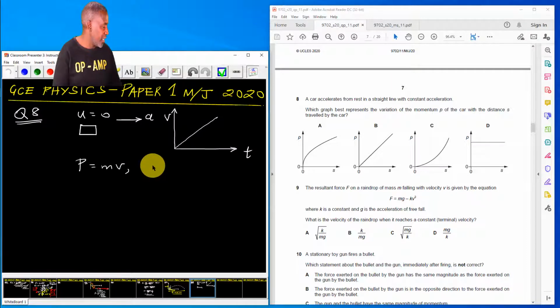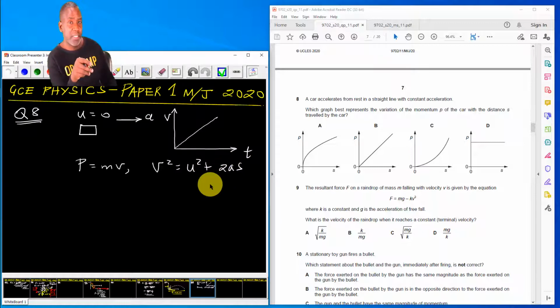So I can say the final velocity squared is going to be equal to the initial velocity squared plus 2as. Of course, the equations s is equal to ut plus half at squared, and v is equal to u plus at, are equations of uniformly accelerated motion, where the acceleration is uniform.